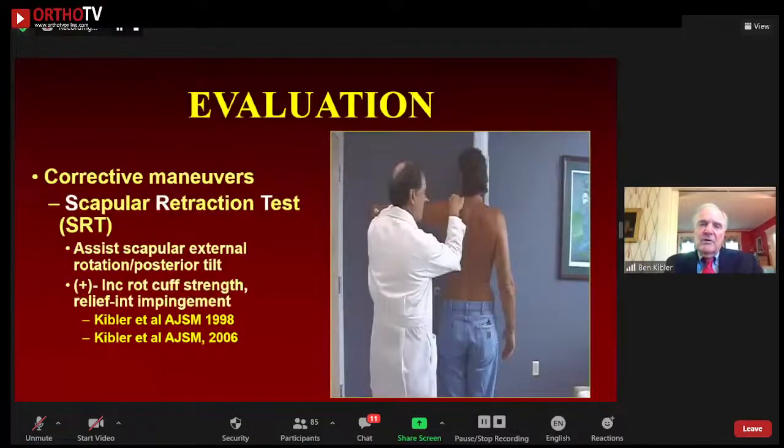The second is a scapular retraction test. And once again, here, the positive, you stabilize the scapula in retraction. Your forearm fits very nicely along the medial border of the scapula. Then the positive is increased rotator cuff strength or forward flexion strength, change in internal derangement symptoms.